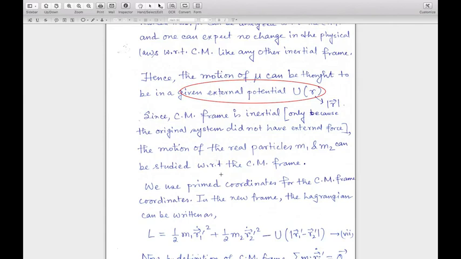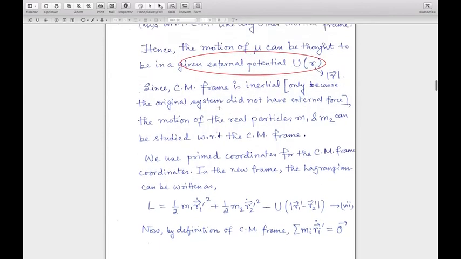Now you can see that since the CM frame, or the center of mass frame, is inertial, the motion of the real particles m1 and m2 can also be studied with respect to the CM frame without losing any generality compared to the older Lagrangian. What I am saying is that in general when we write the Lagrangians, we think that the motions are studied with respect to some inertial frame.